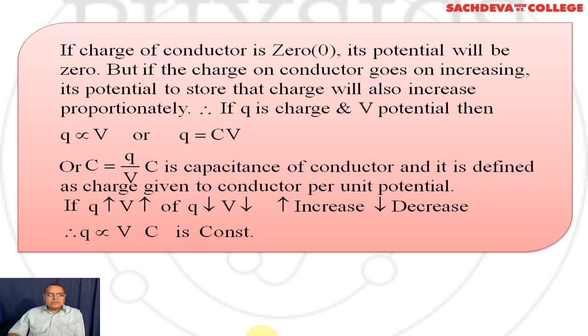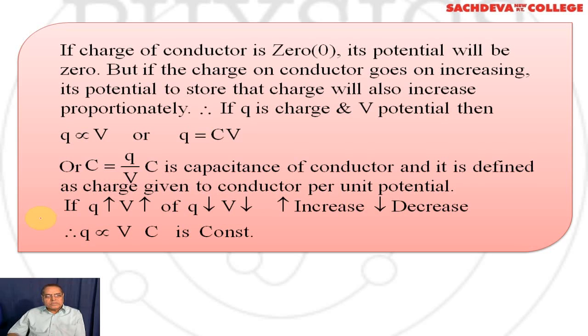If the charge of a conductor is 0, its potential will be taken as 0. But if the charge increases, the potential will correspondingly increase. So, if the charge on a conductor goes on increasing, its potential to store that charge will also increase proportionately.